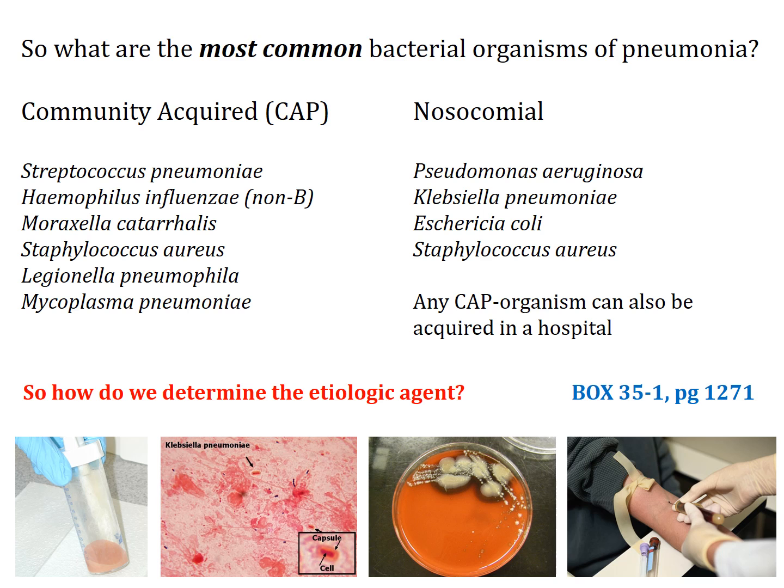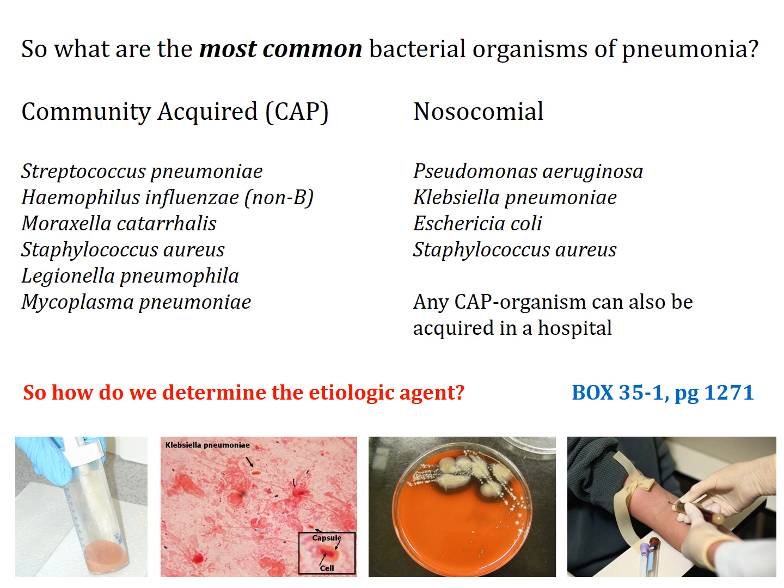Okay, the most common bacterial organisms of pneumonia kind of depend on where it's acquired. Community acquired, CAP, versus nosocomial acquired, you got it in the hospital. Strep pneumo, Haemophilus influenzae non-B, Moraxella. Again, the three most common respiratory pathogens with respect to pneumonia.